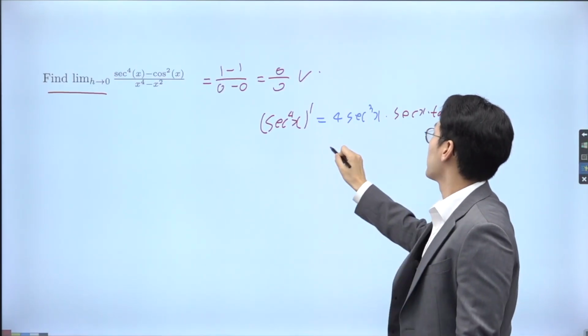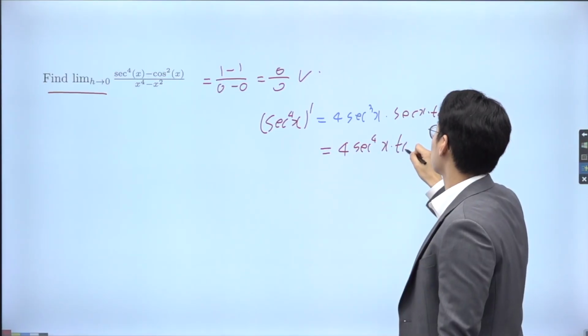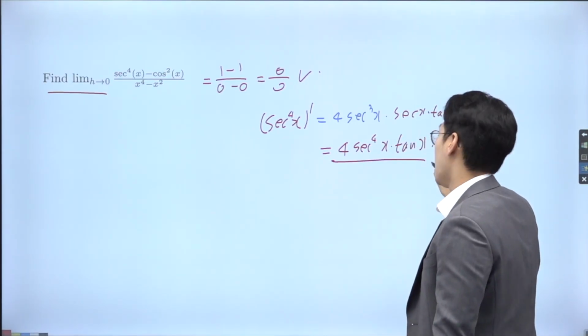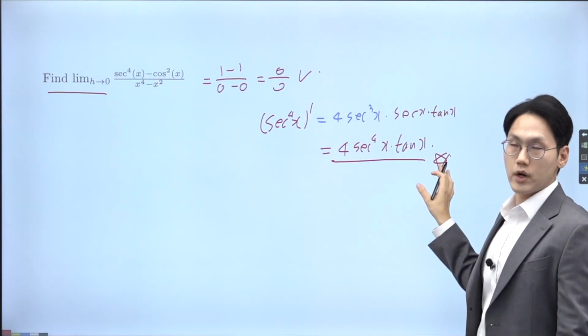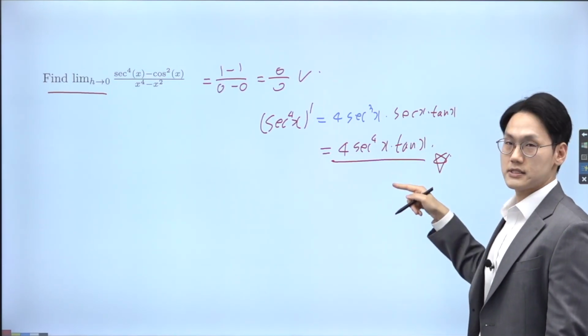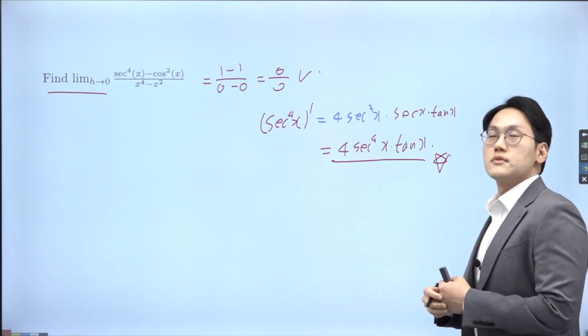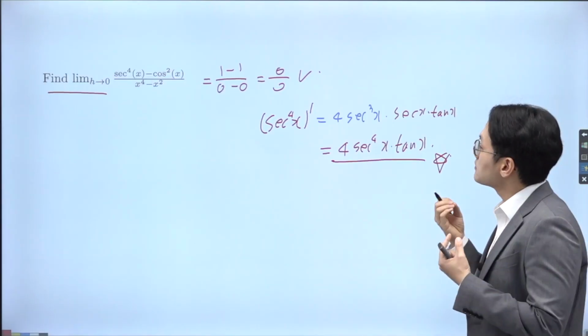That makes it 4 secant to the 4 x times tangent x. And I really don't want to get into the rabbit hole of that, because as you can see, if you still put x equal to 0, it becomes 0. So I have to do L'Hopital once again, and for that I have to do the product rule and a chain rule once again, and it gives me a headache.